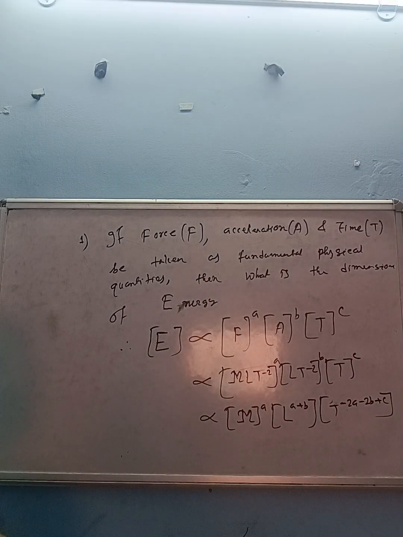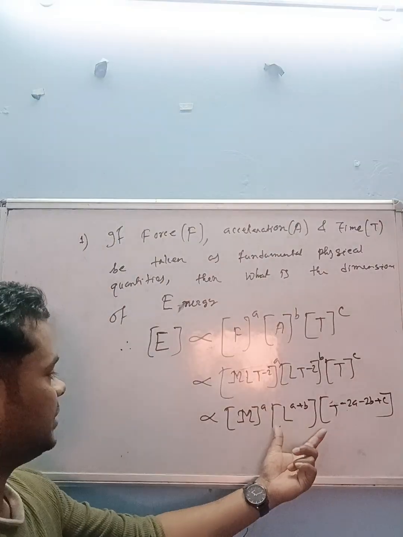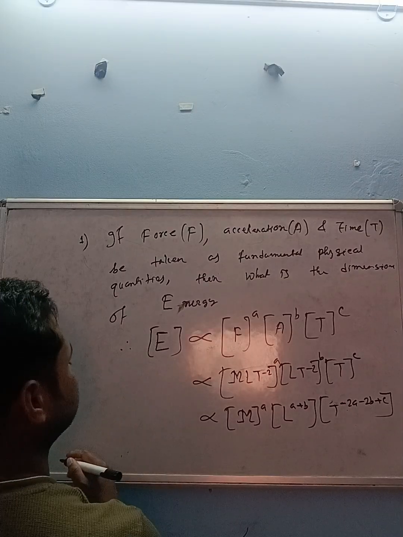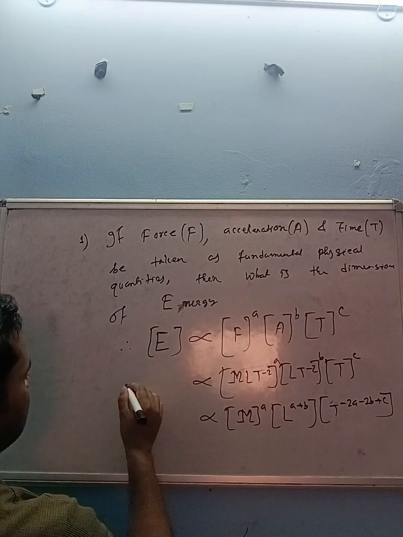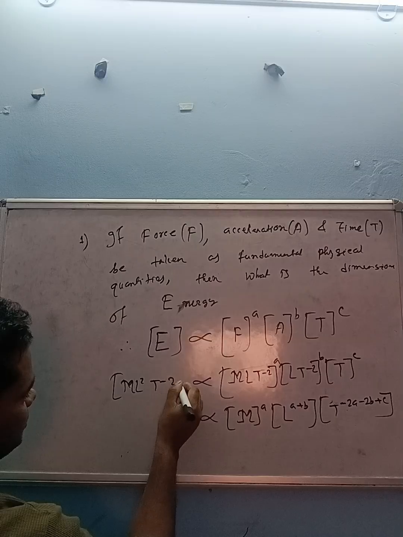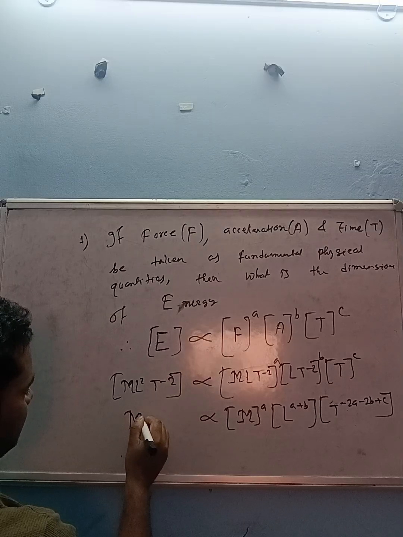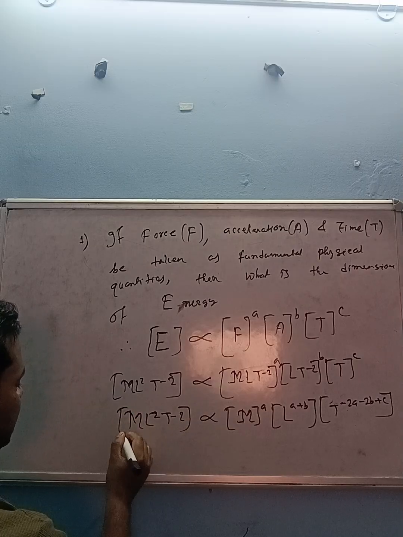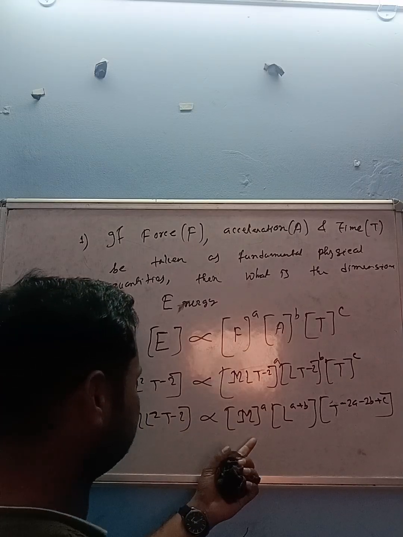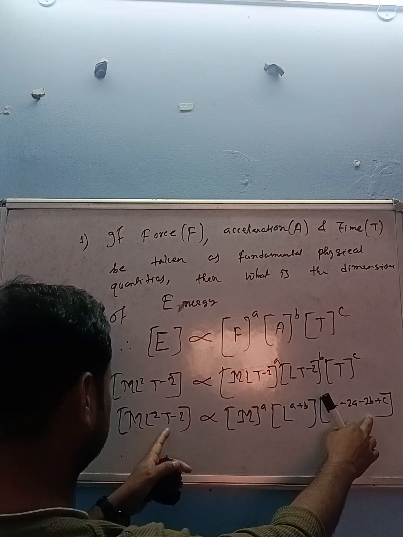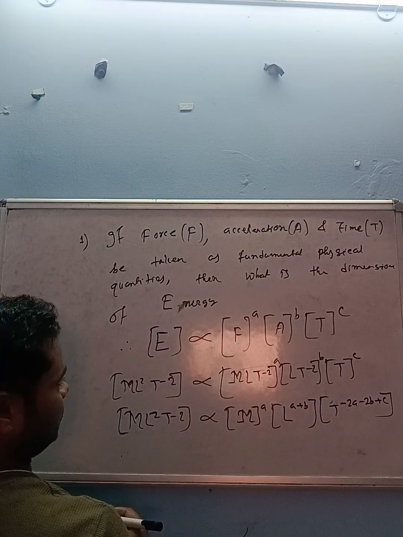okay. Next, comparing both sides, it is dimension of energy, the dimension of energy ml square t minus 2, okay. Comparing both sides, capital M, L के साथ L and T के साथ T, comparing करो, okay.